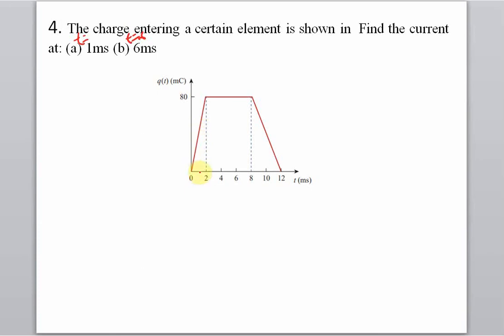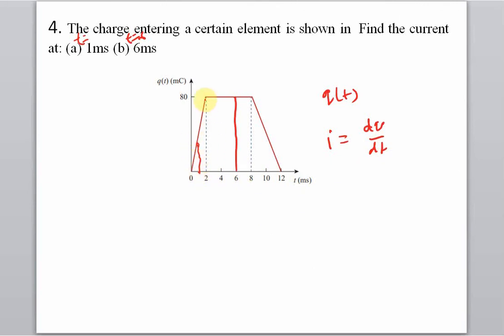Let this one be 1 millisecond, and at 6 millisecond we have to find it as well. So we have q(t), and as we know I equals dq upon dt.